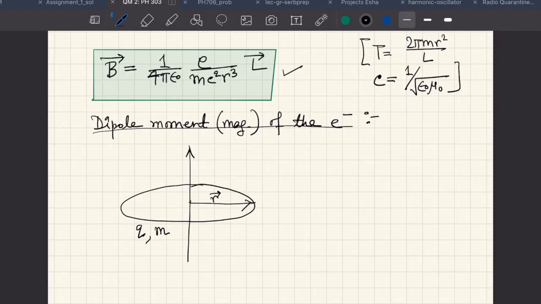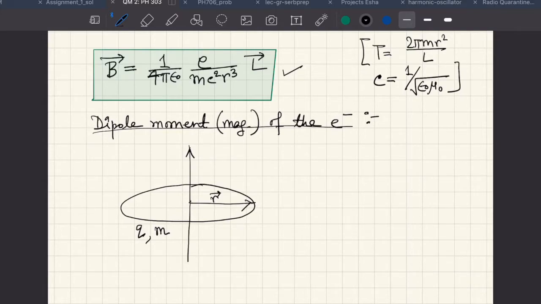Now the magnetic dipole moment of the ring is defined as the current times the area. So what is the current that is flowing here? Q is the charge, and Q by capital T, where capital T is the period, will give us the current, and current times the area. What should be the area here?